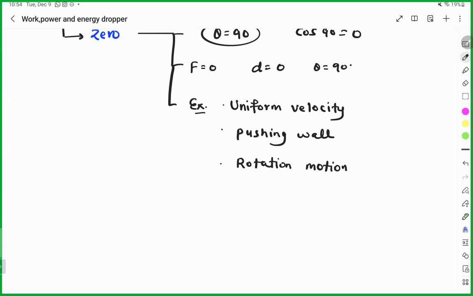If displacement is zero, it means work done will be zero. Example, any rotation of anything, for example a satellite, if they are moving, net work done is zero. Uniform circular motion, any kind of circular motion, you will see work done is zero if displacement is zero, for a complete round. Make sense?